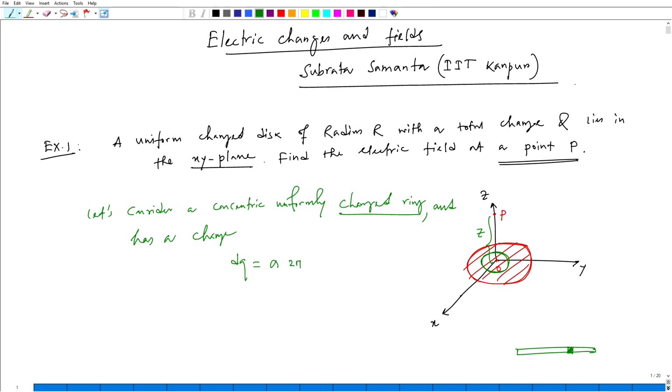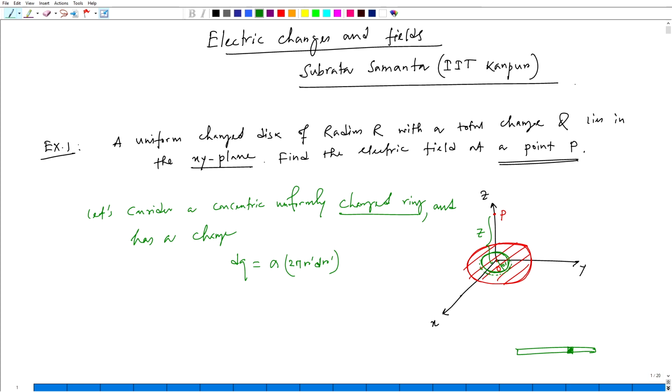Let us denote the radius of this ring r prime, and the width of the ring is dr prime.